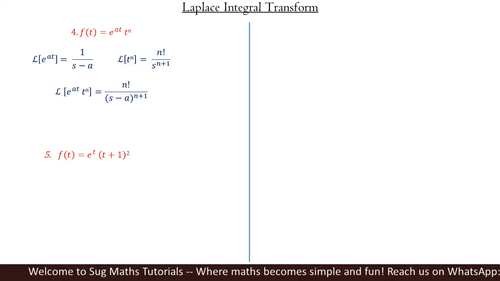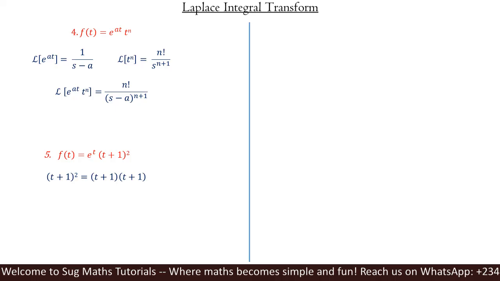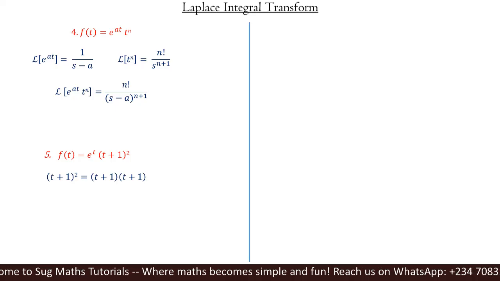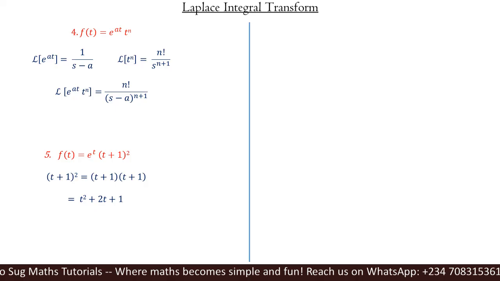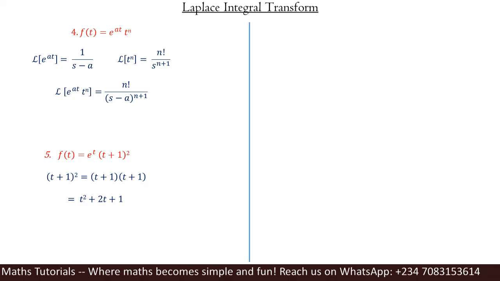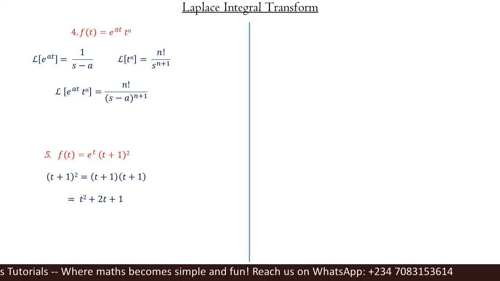Let's simplify this. Simplifying this is the same thing as saying (t plus 1) multiplied by (t plus 1), right? Now when we multiply this, we are going to have t squared plus 2t plus 1. So t plus 1 squared is the same as t squared plus 2t plus 1.